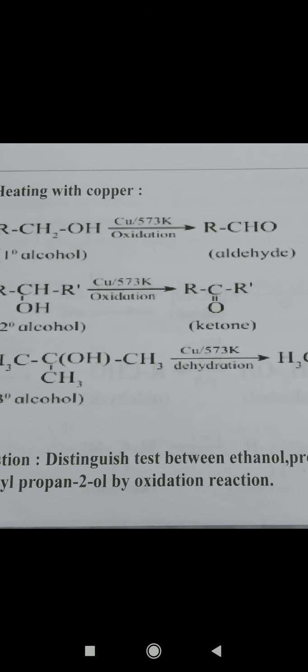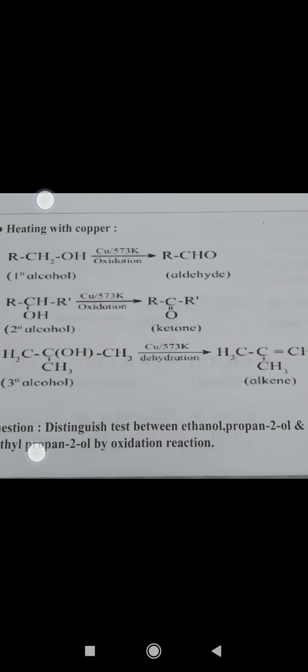The next reaction is heating with copper. Primary alcohols on heating with copper at 573 Kelvin undergo oxidation to form aldehydes.